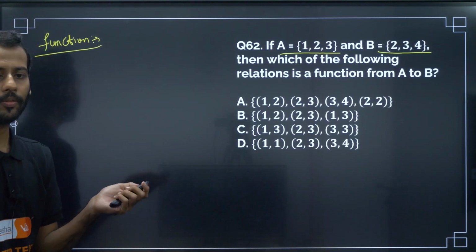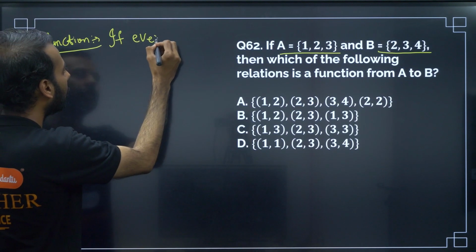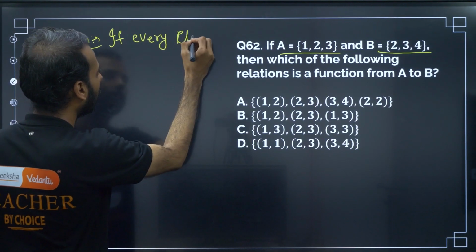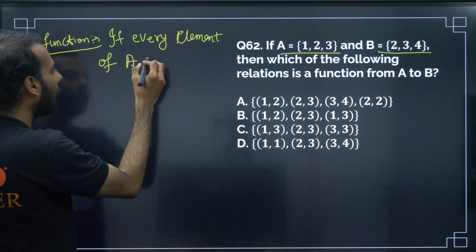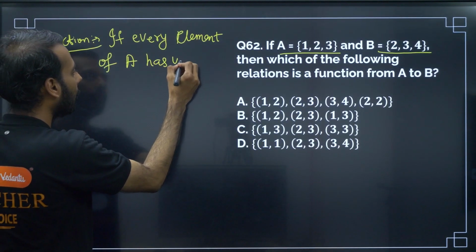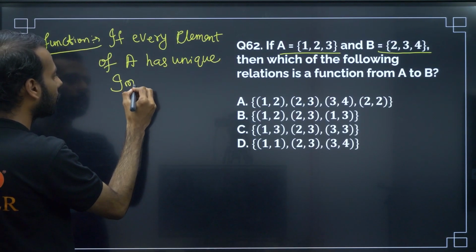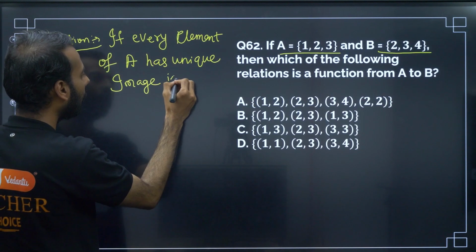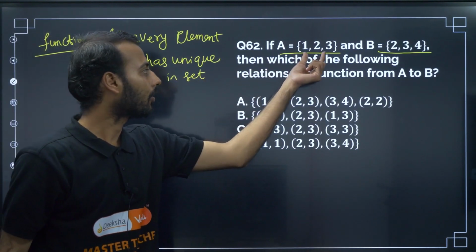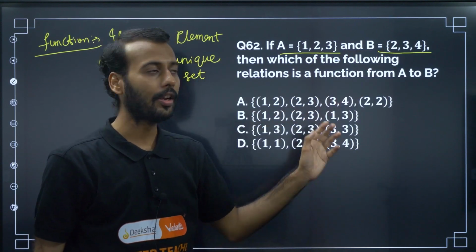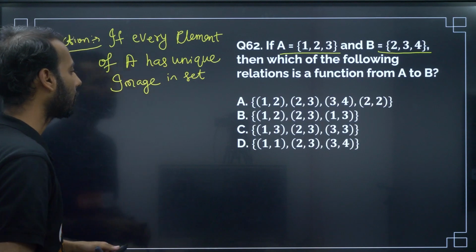A relation is said to be a function if every element of set A has a unique image in set B. So for every element of set A, there should be a unique image. Then only that relation can be considered as a function, or else it won't be considered as a function.